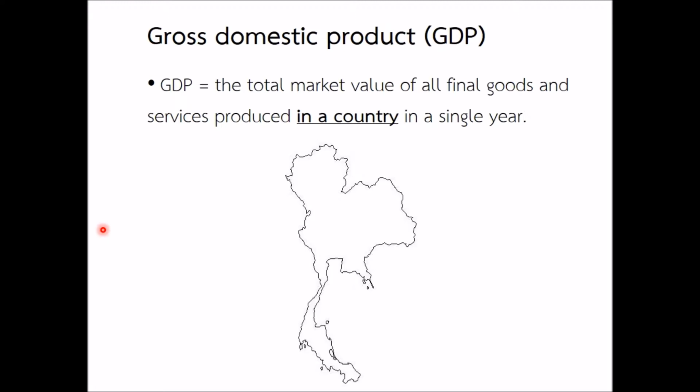Let's look at the different components of this definition in order to really understand what GDP is about. First of all, we're looking at a specific country, for example, Thailand. So we are interested in the gross domestic product.